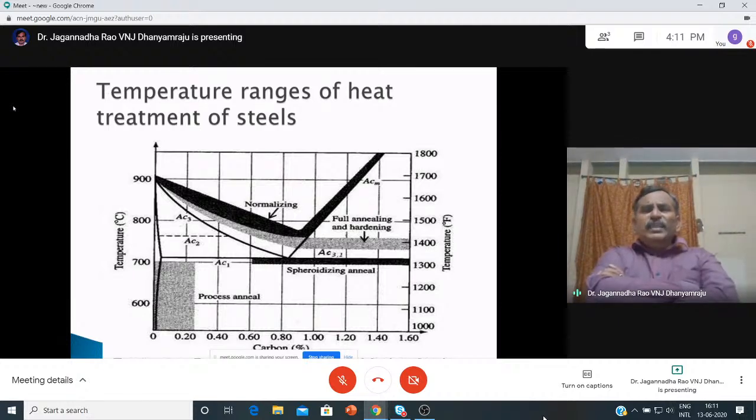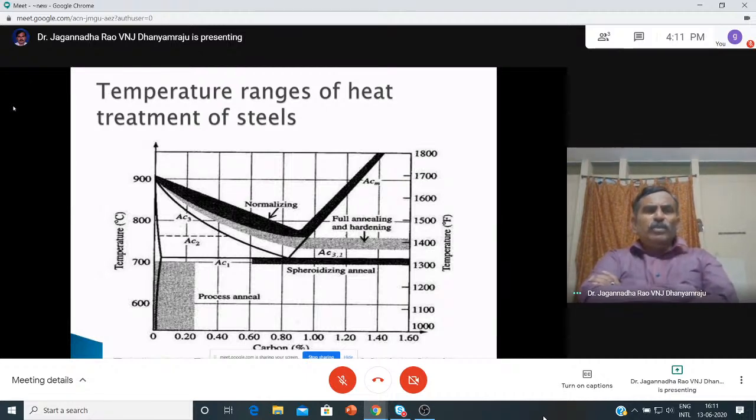And after soaking, you quench the loco wheel in a quench bath, that is a water bath maintained at room temperature. When the loco wheel is immersed in the water, consequently the cooling rate is very high. The cooling is very drastic, and because of that, the hardness of the material will increase.